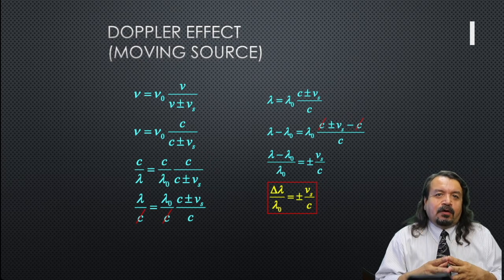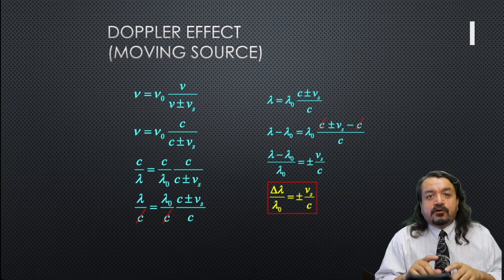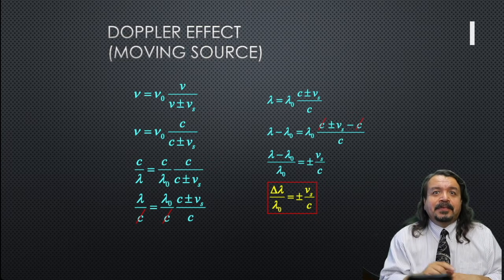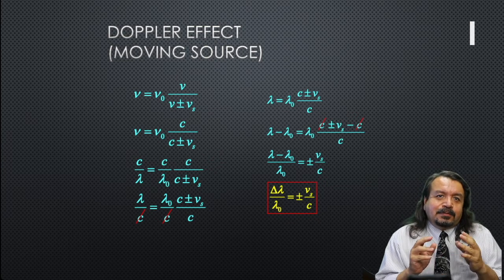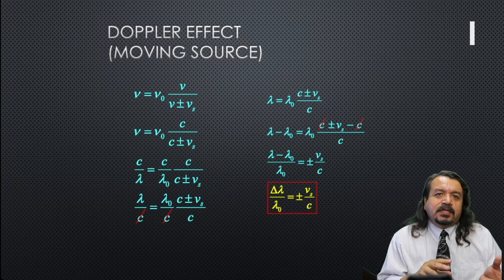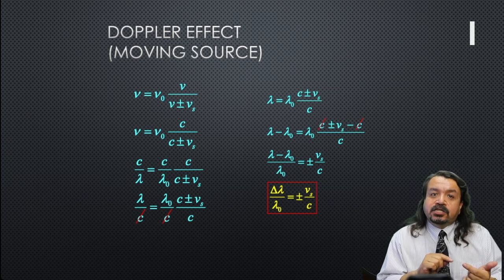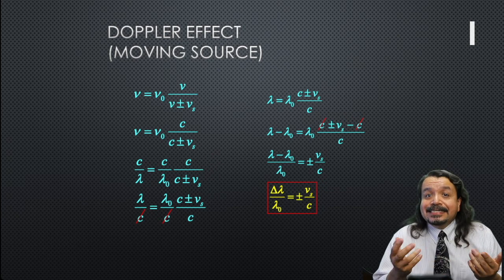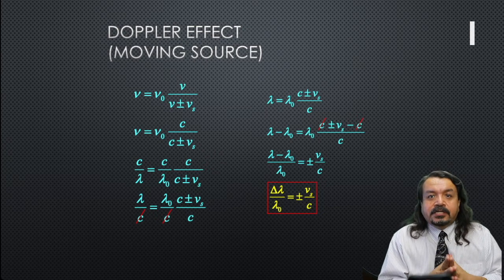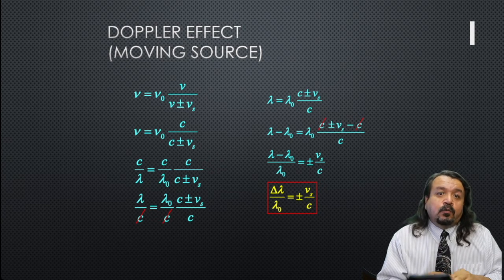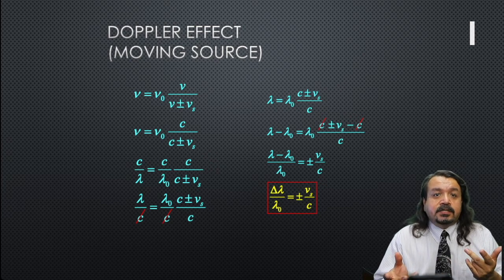The explanation of this phenomenon can be analyzed if we study the Doppler effect formula for a moving source. We see in the first expression here that the observed frequency depends on the speed of the wave and the speed of the source. In the second expression, we exchange the speed of the wave for the speed of light, c. In the third expression, we write the frequency as a function of the wavelength. In the fourth expression, we take the reciprocal on both sides of the equation.